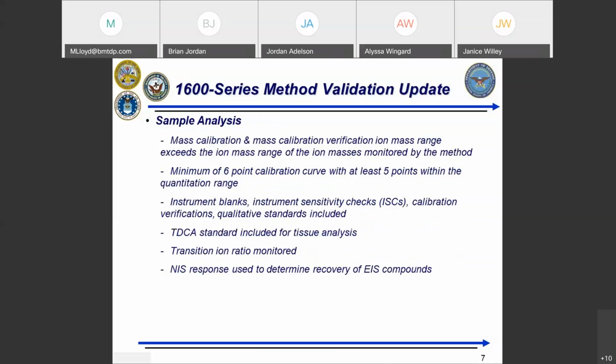When analyzing tissue samples, a standard of TDCA is required to verify its complete separation from PFAS, as this is a known PFAS interferent. Transition ion ratios are required to be monitored, and the recovery of the EIS compounds is determined using NIS responses. All of the analyses included in the intra-laboratory study have been completed.